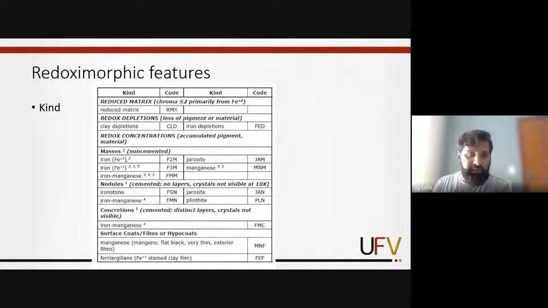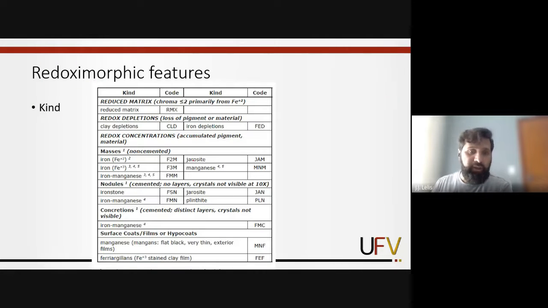We can determine the concentration of iron, and it can be a ferrous iron, or a ferric iron, or you can have a mix of iron and manganese in the soil horizon. So here we have just ferrous iron, ferric iron, and here we have a combination of both iron and manganese.